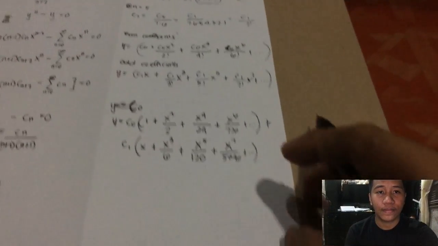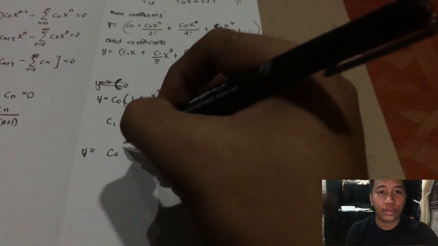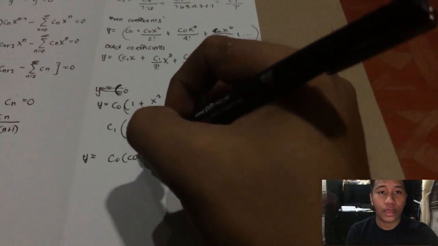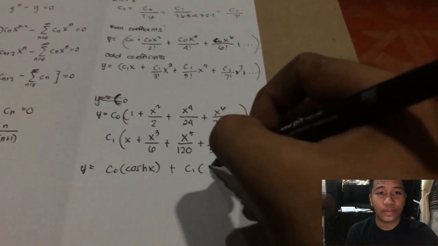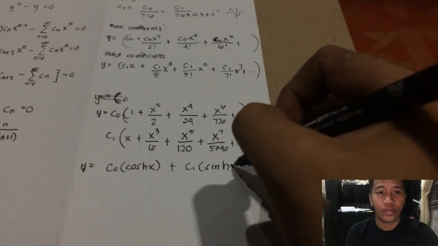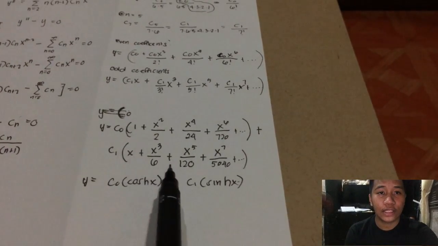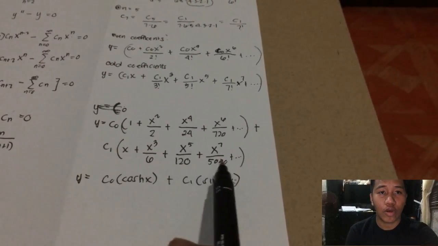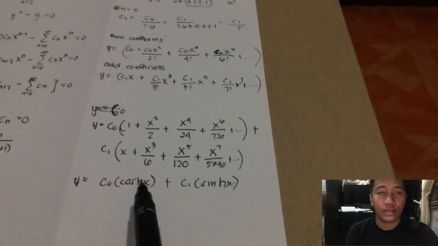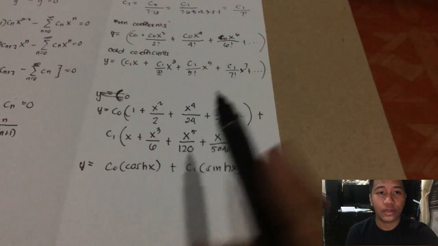So the final answer would be c sub 0 times cosh x plus c sub 1 sinh x. This power series has equivalent transcendental functions, which are cosh x and sinh x respectively.